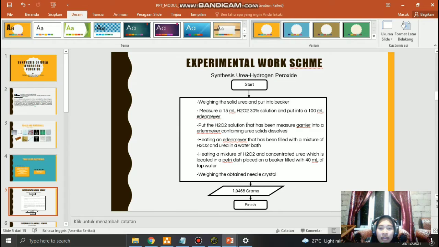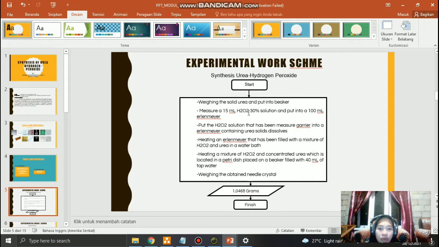Next, experimental work. The first step, weigh the solid urea and put it into a beaker. Next, measure 15 ml of 30% H2O2 solution and put it into a 100 ml Erlenmeyer.